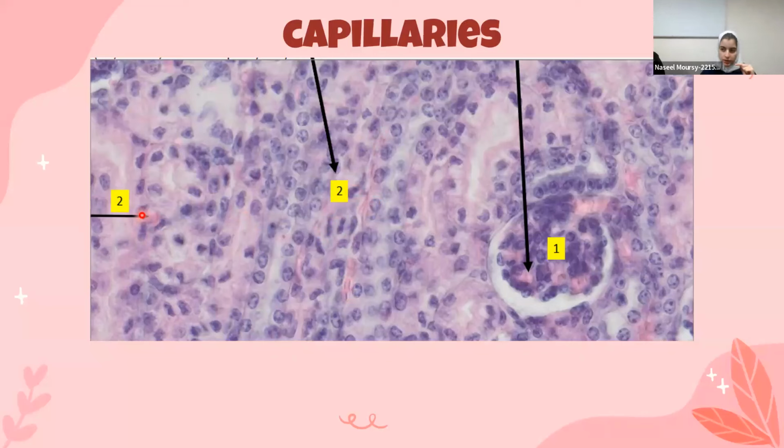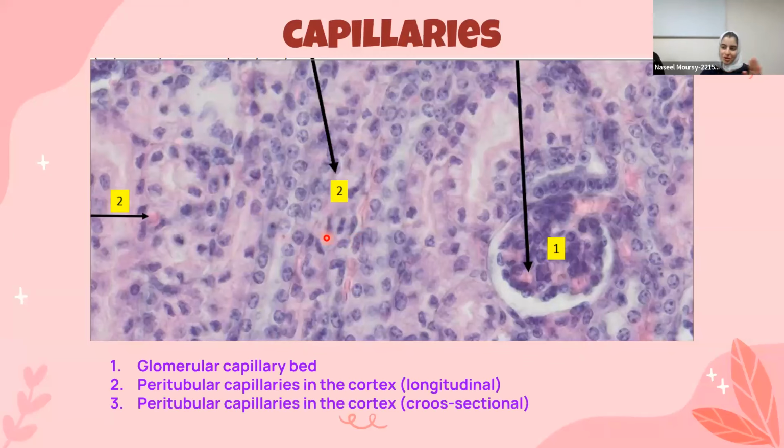You see a red dot here, and here red blood cells. I'll make this easier for you, this is actually based on the cuts. It's not about where it is or which parts. They're both the same thing, peritubular capillaries, but this one is in a longitudinal section, so you see red blood cells going after each other in one line.